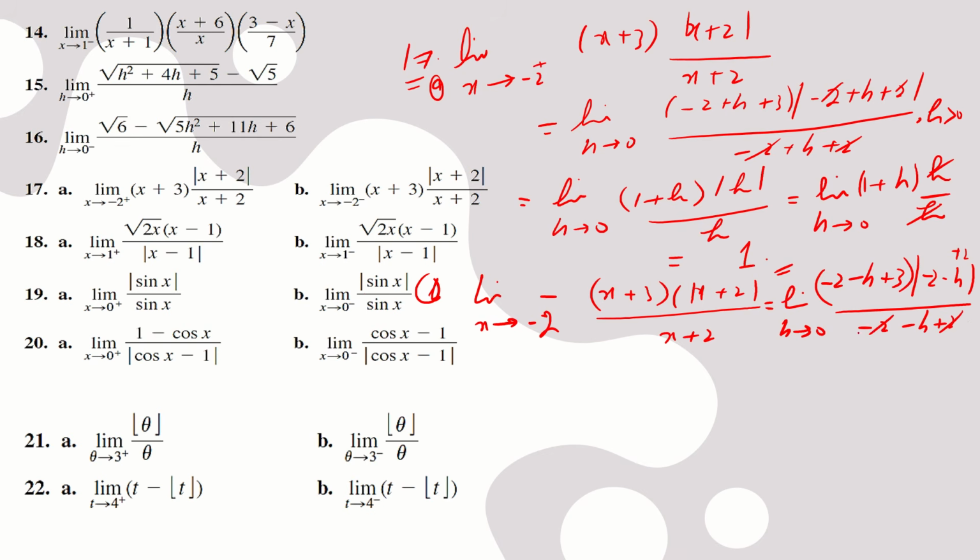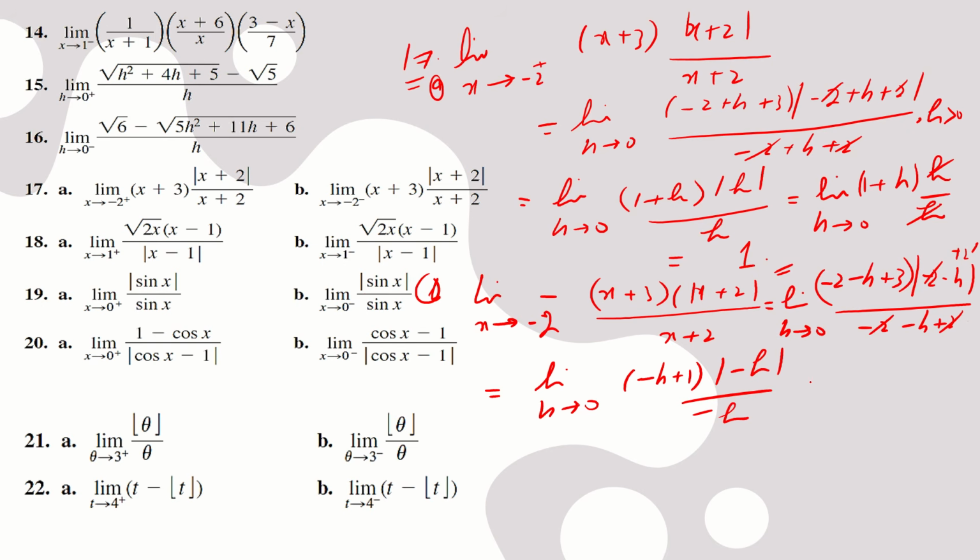These two will cancel each other. So we get limit h goes to 0. We can cancel these two as well, minus 2 and plus 2. This becomes minus h plus 1, absolute of minus h, divided by minus h.